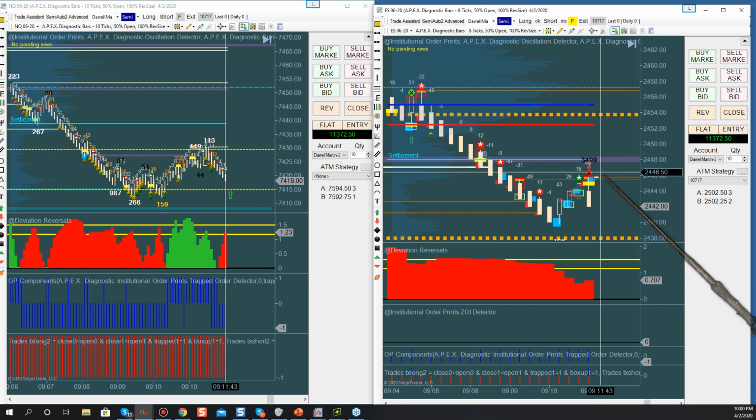Are we coming into an NQ wall? Do you want to take a trade into an NQ wall? Remember, ES will only move a third of what NQ moves.